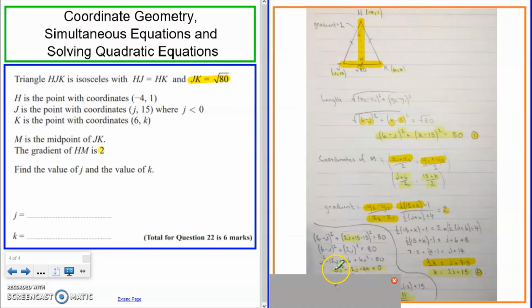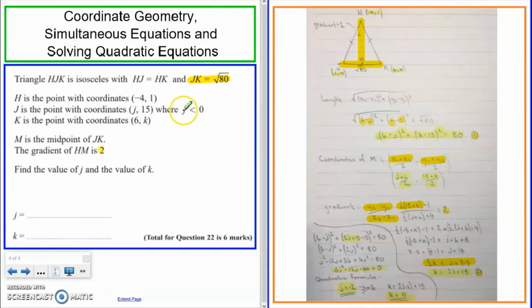At this point, I've put my values of a equals 5, b equals minus 12, and c equals minus 44 into the quadratic formula. And the two solutions I get from the quadratic formula are j equals minus 2 or j equals 6.